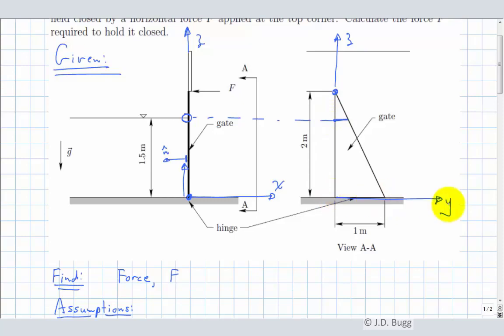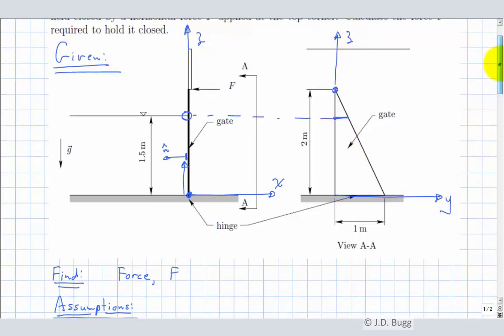Now in the y direction, this limit of integration is a little more complicated, and this is where the triangular shape of this gate comes in. Notice in the y direction, the limit of integration is going to be from 0 to there. If we're up here, it'll be from 0 to there. So the limit of integration on y is actually a function of z. So let's take a look at what that function is.